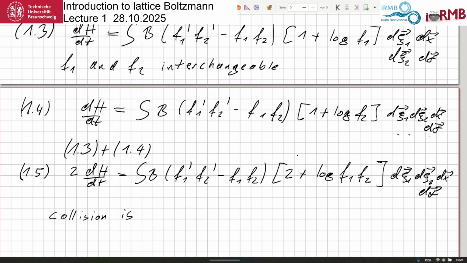We have a loss term and a gain term. So when they come in like this and go off like this, they could also come in like this and go off like this, meaning we can interchange pre- and post-collision. Keep this in mind because this is very important. So we are assuming collision is symmetric, is reversible.